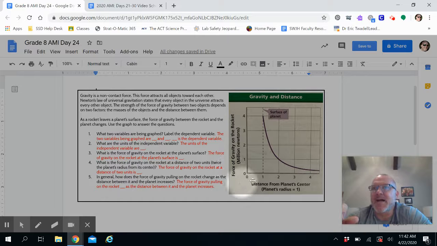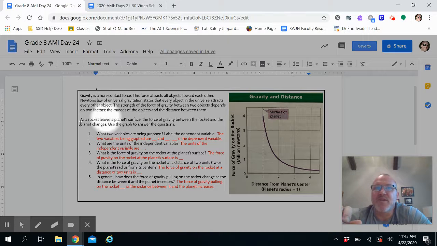I also notice that my units are in parentheses for each axis, so I can see the units there as well. There's also a dotted line that goes down my graph where x is equal to 1, and that dotted line is labeled surface of the planet.